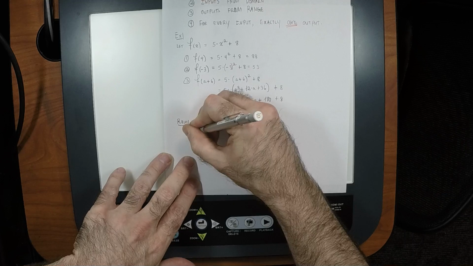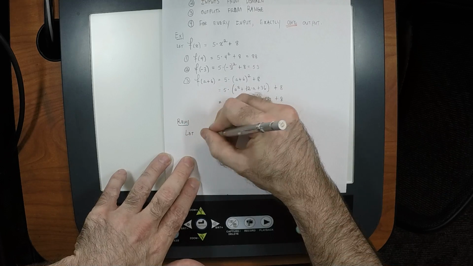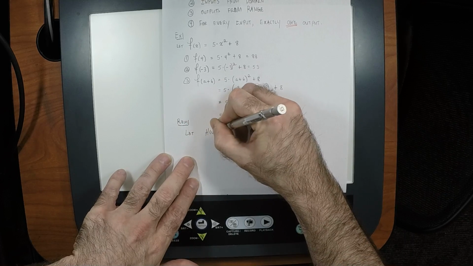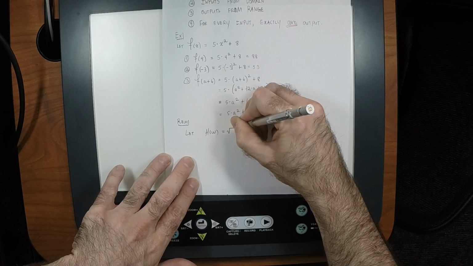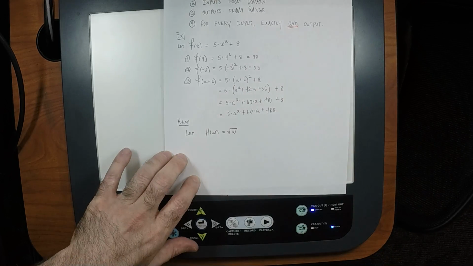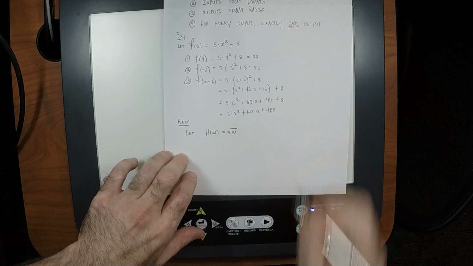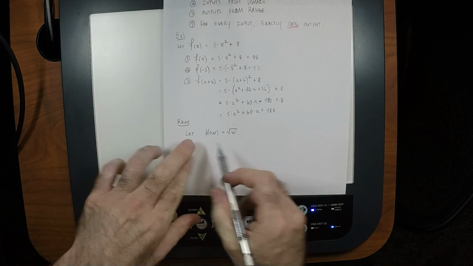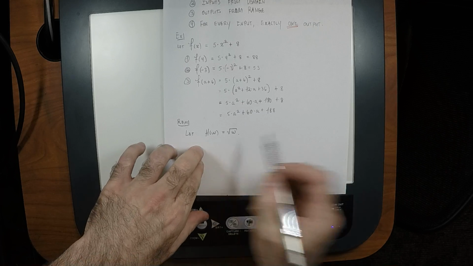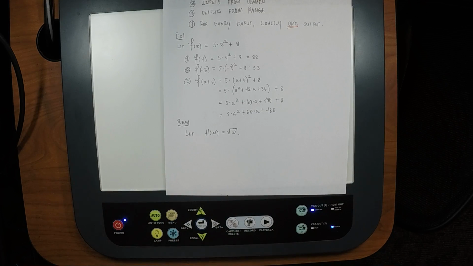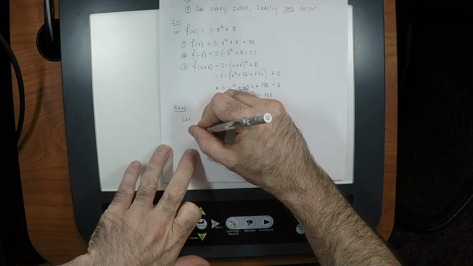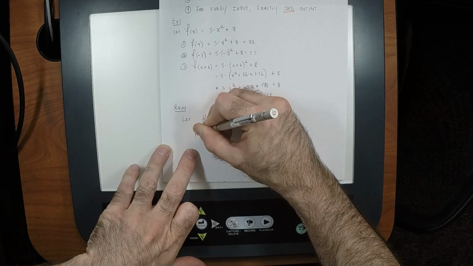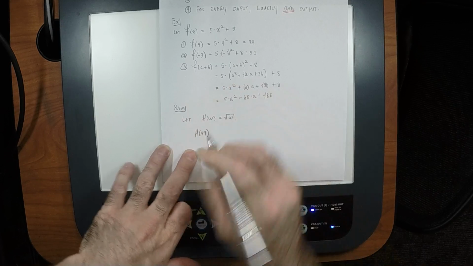If I say let h of w be the square root of w, meaning that we're interpreting h of w, so h is a function whose input is w, and we're considering the square root. At the beginning of the course, I asked something like, well, what about this?